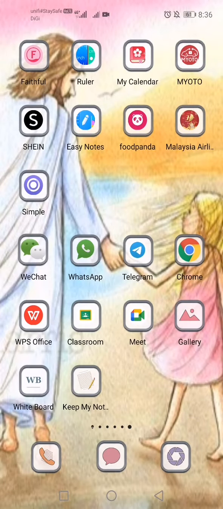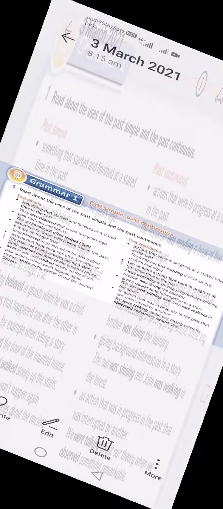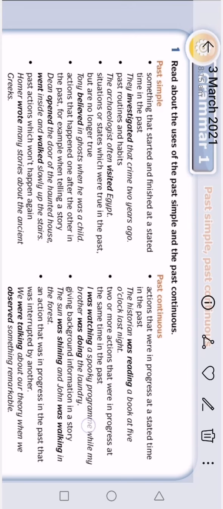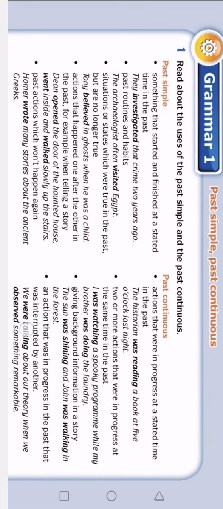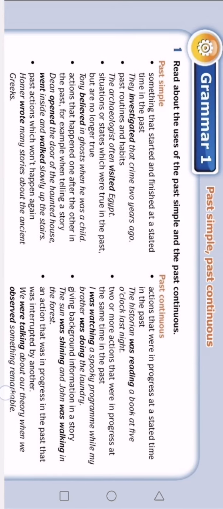Let's look at the example here. The third one I didn't write because it's very easy; let's go back to it later. We were talking about our theory when we observed something remarkable.